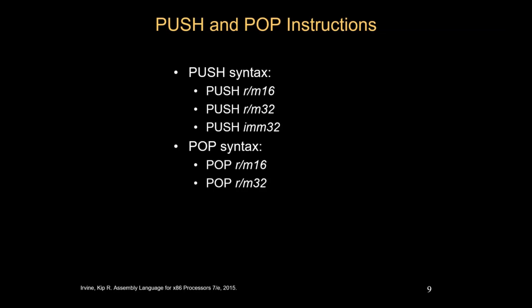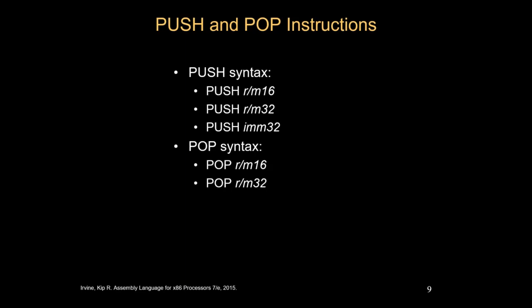As someone said, a 16-bit operand causes the ESP to decrement by 2. That's what we got from the beginning when we were speaking about push and pop.